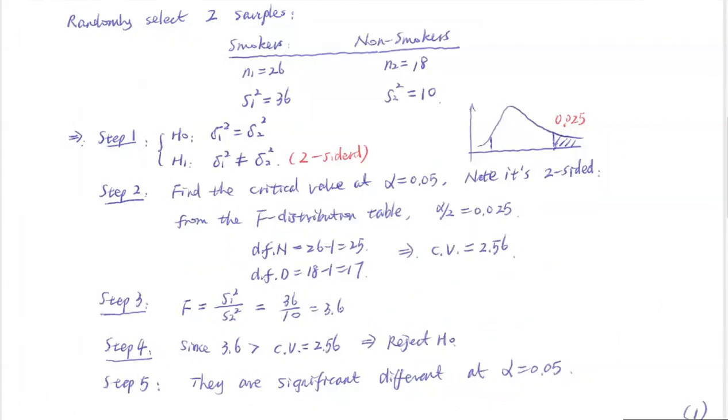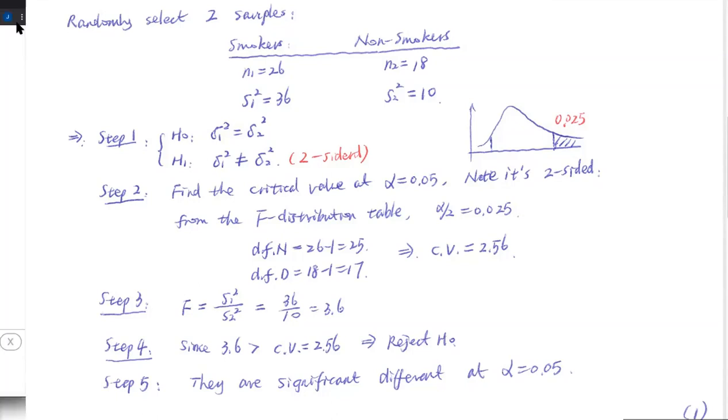Unless you strongly request that, otherwise, we are not going to ask you to use the F distribution table to do any calculation, okay? There will be some other questions related with the F test, but not with the F distribution table, just to be clear. Okay, so in that case, we have degree of freedom for the numerator 25 and for the denominator 17.